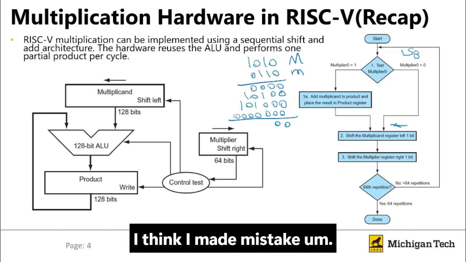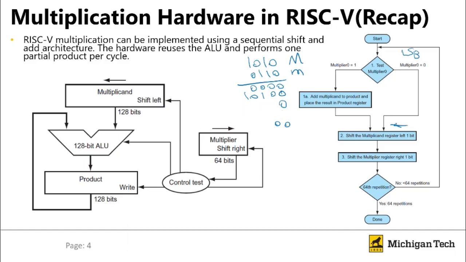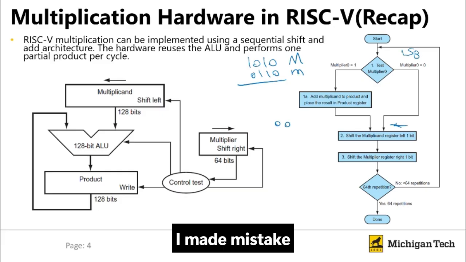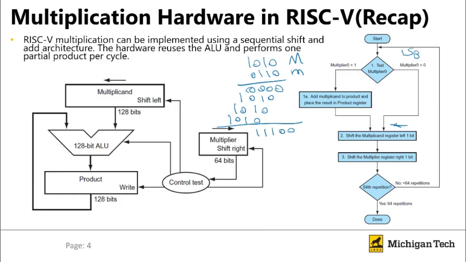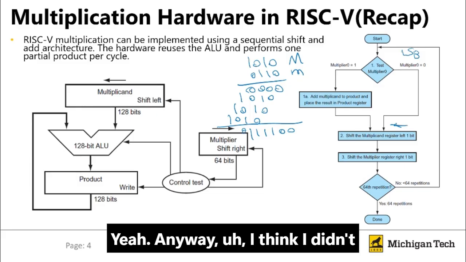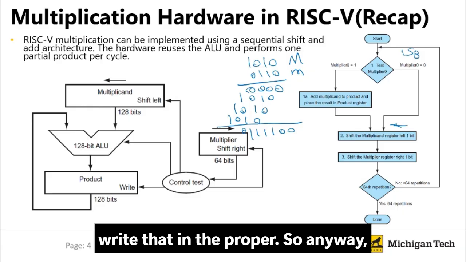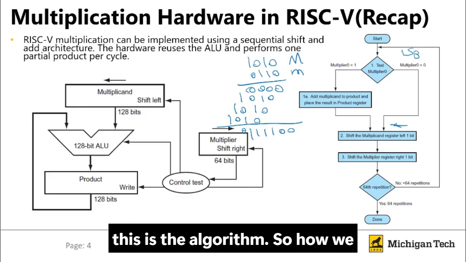I think I made a mistake. 0, 0, 0, 0, 0, 1, 0, 1, 0, 1, 0, 1, 0, 1, 0, 1. So it's going to be 0, 0, 1, 1, 1, 1. Okay, 1, 2, 3, 4. Anyway, I think I didn't write that properly. So anyway, this is the algorithm.